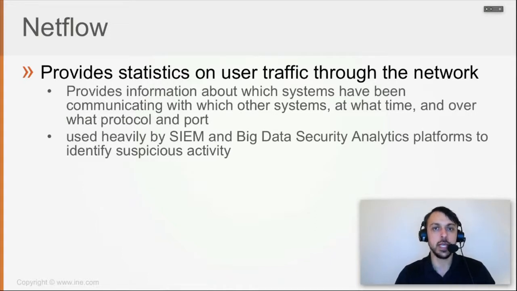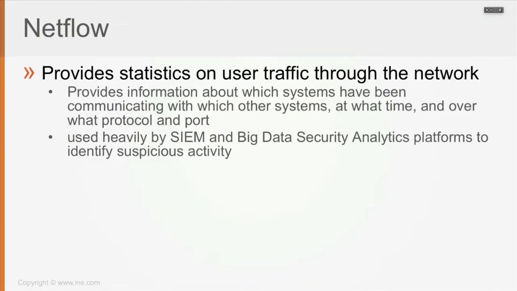It's very weird that only a specific host takes that action at a specific point in time to a specific destination. That has to raise a question. But you cannot be aware of that unless you use Netflow to see exactly who has issued which traffic in the network at what time and over what protocol and port.